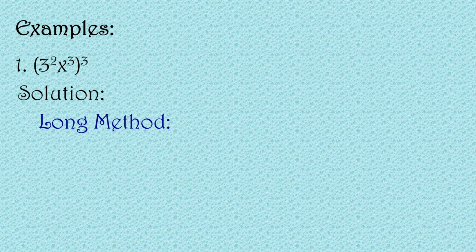So, examples tayo. Number 1, we have quantity 3 squared x cubed raised to 3. So, solution. Sa long method, ibig sabihin, tatlong beses natin kailangan multiply sa sarili niya si 3 squared x cubed. So, ganyan siya.